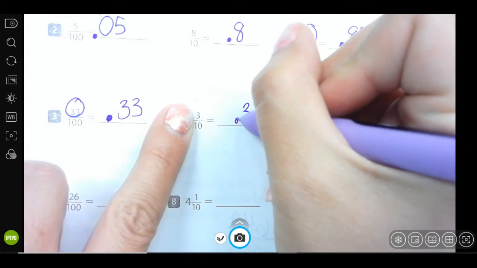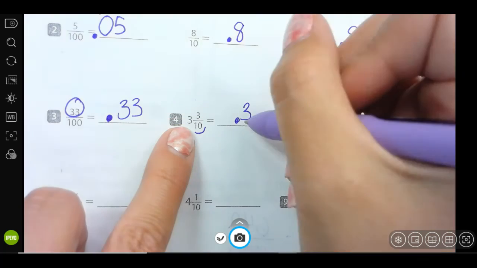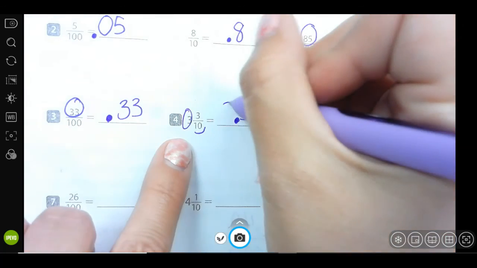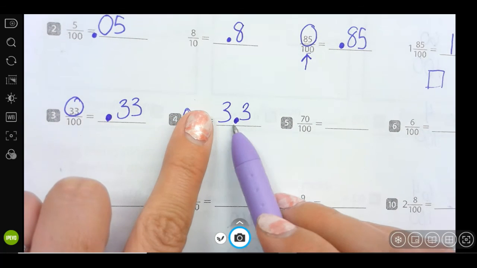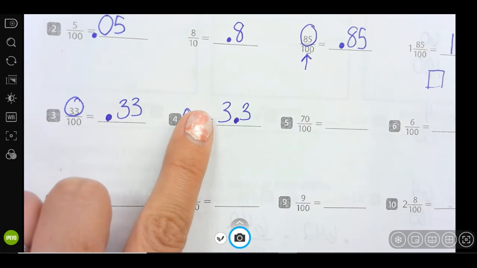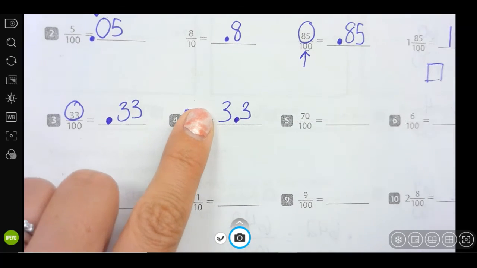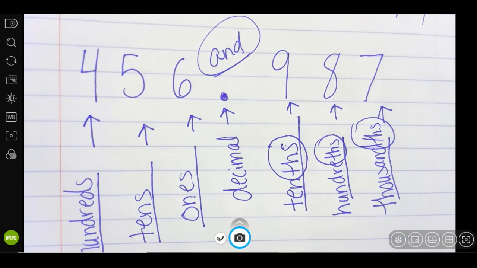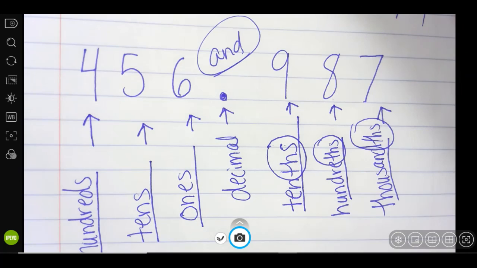The 3 needs to be in the tenths place value. And then where do I put the other 3 for the 3 wholes? Yeah. So this decimal reads 3 and 3/10. Okay? Use this number line to help you too. Okay? I'm going to stop the video here.